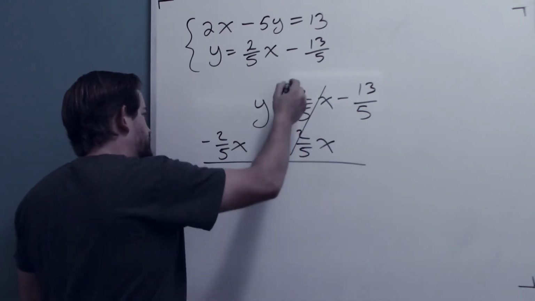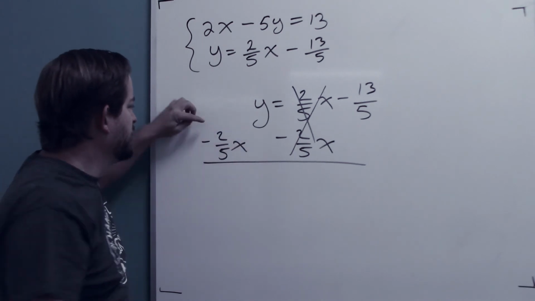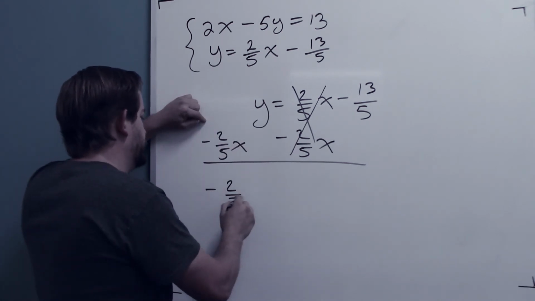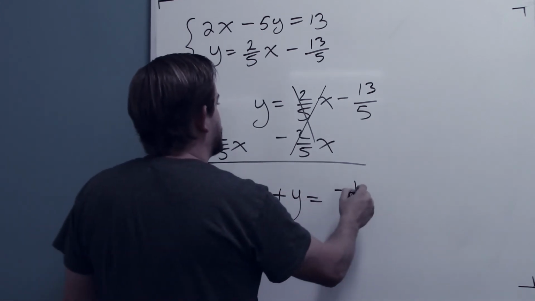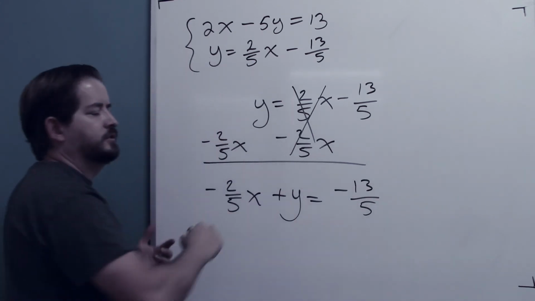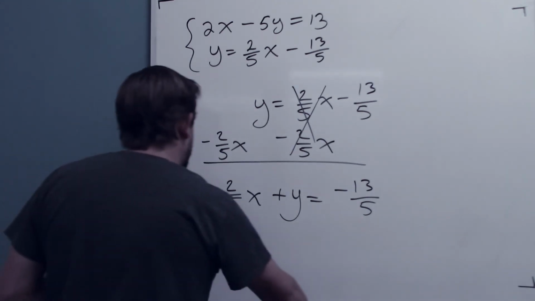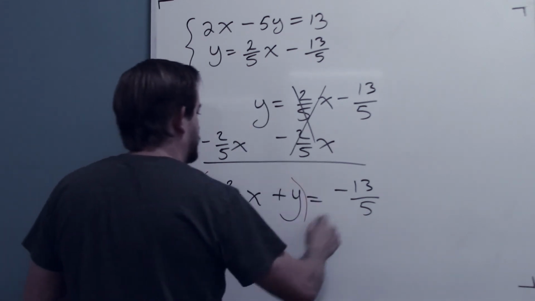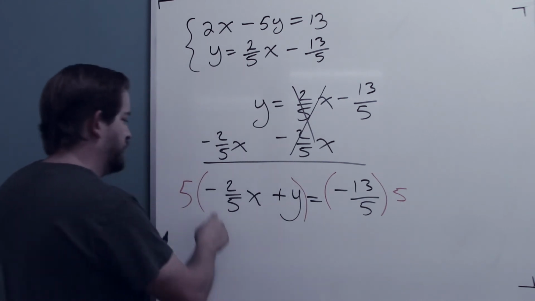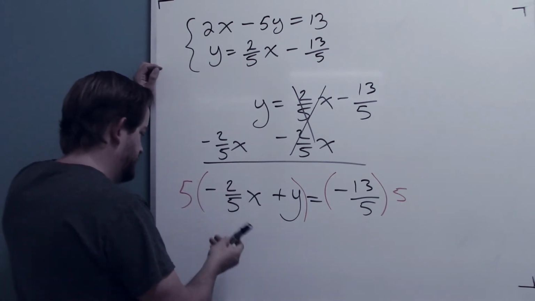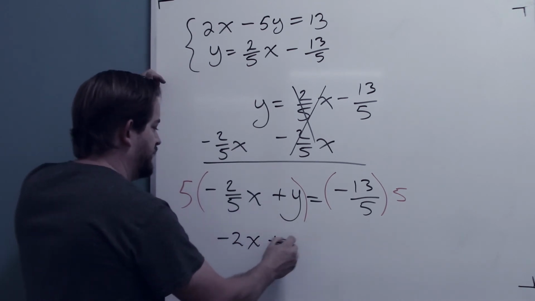And when I turn this into standard form, I don't really care about the plus or minus because I'm going to end up manipulating that anyway. So I'm just going to leave it here as the negative 2/5 x plus y equals negative 13/5. But I do want to get rid of all these fractions. That's what haunts me in my sleep, these fractions. So we'll multiply everything by 5. And so I get negative 2x, 5 times y, so plus 5y.